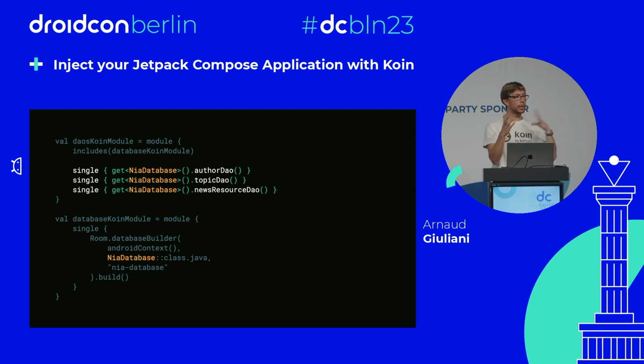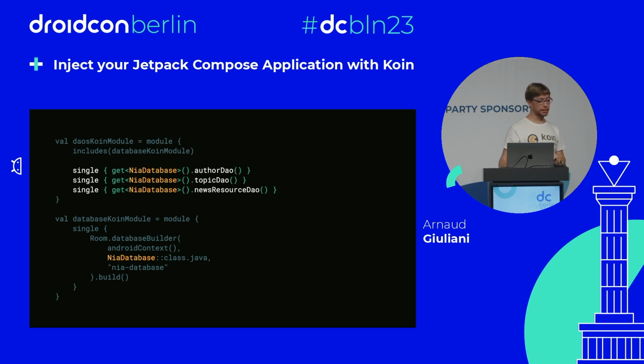Then quickly you see that we just need to write the expression to retrieve the needed instance, get NIA database, and then .authorDao or topicDao, this is Room. We are using the Room API, but then we create the instance, and then we can reuse the instance directly to use the DAO there.